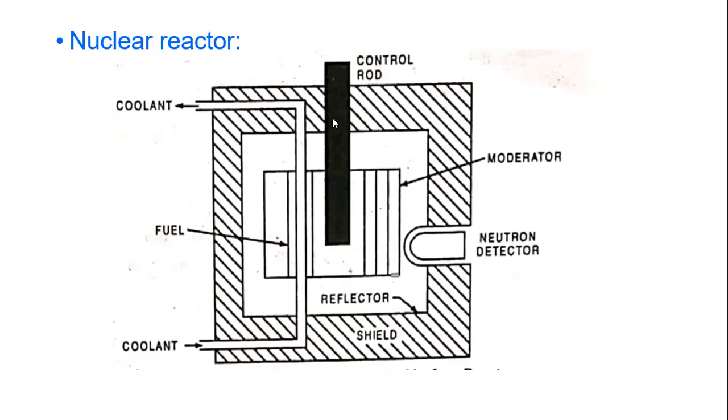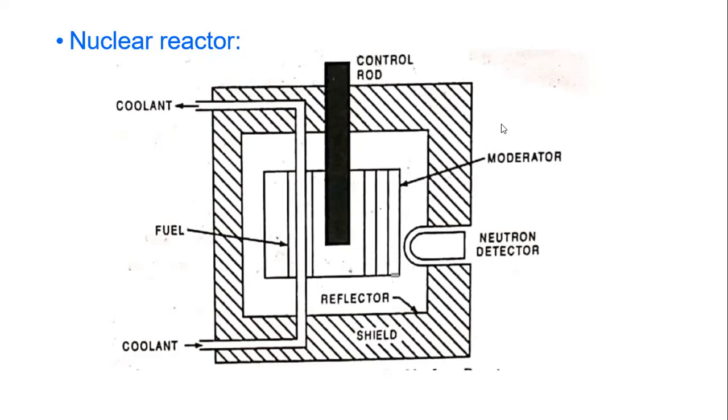These black ones are the control rods, and then this is the moderator, reflectors, and shielding. In the shielding we have different types, that is thermal shielding and biological shielding. This is the basic constructional diagram of the nuclear reactor.